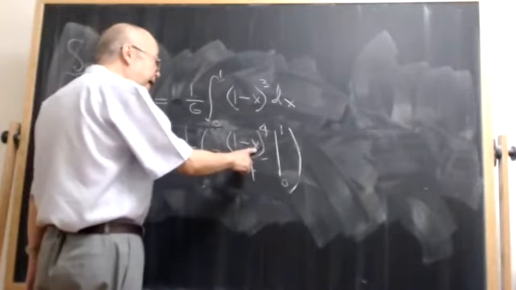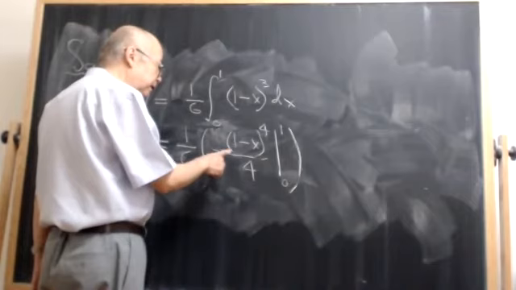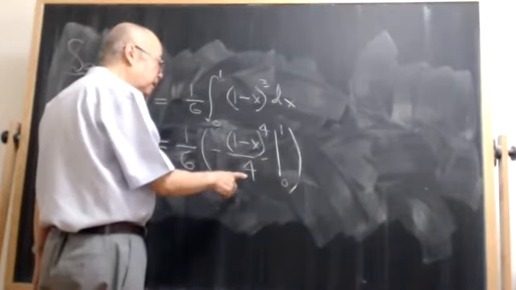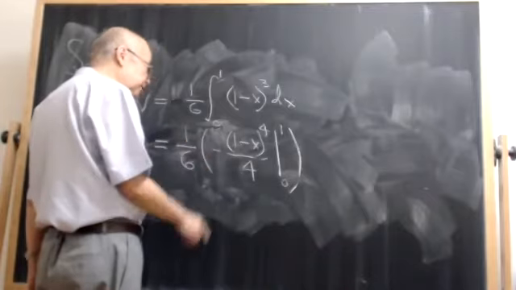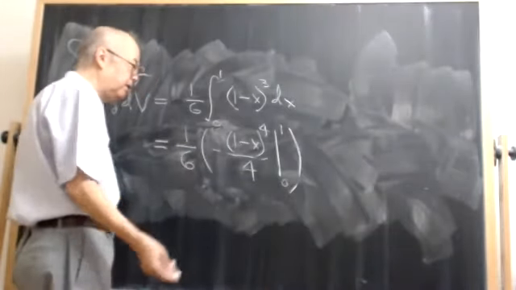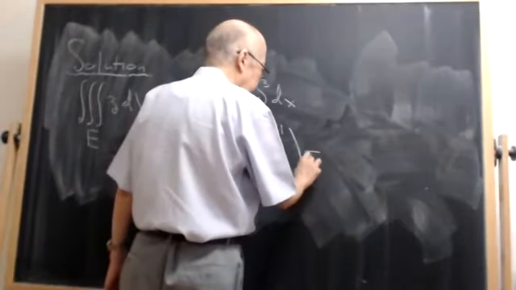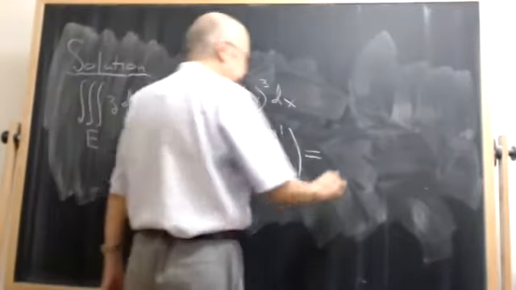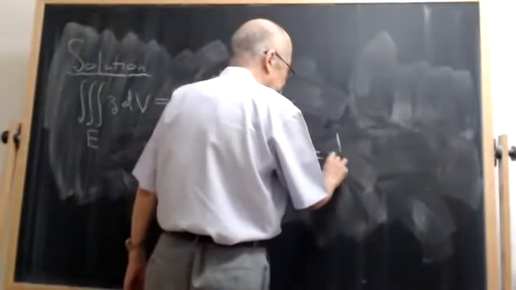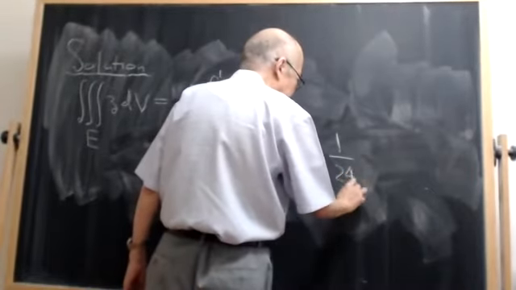When you put x equal to 0, you get minus 1/4. So I have 0 minus minus 1/4, which is 1/4. And you multiply it by 1/6. So it's 1/24.